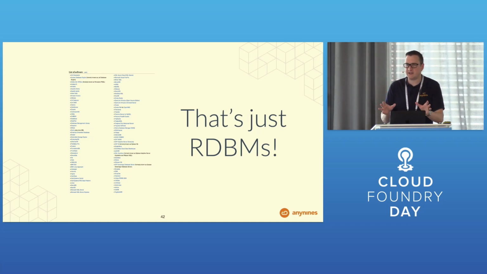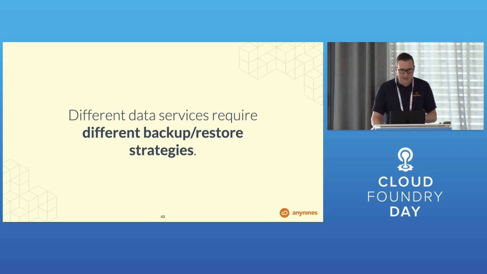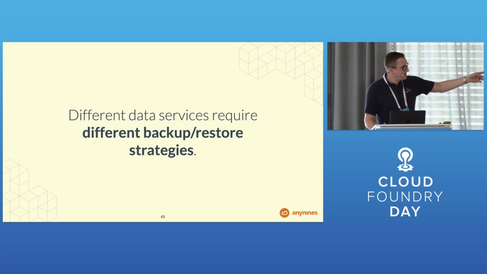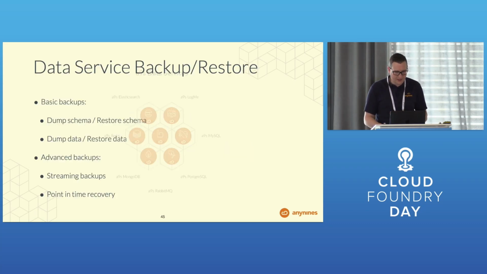So there is a limited number. I don't know, something between 5 and 20 data services maybe. So this heterogeneity also affects the backup and restore strategies, which makes you think about how to do backups and restore in a generic way.